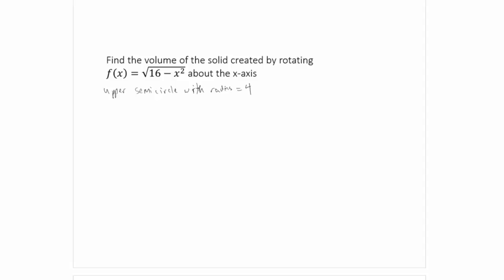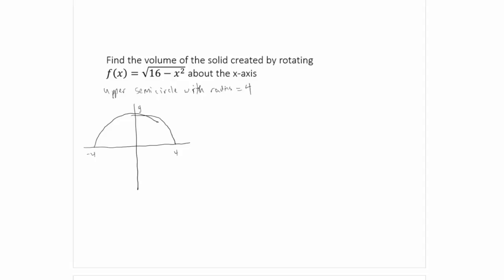Notice if x equals 4, the output is 0. If x equals negative 4, the output is 0. If x equals 0, the output is 4. And so what we get here is this shape, this upper semicircle.